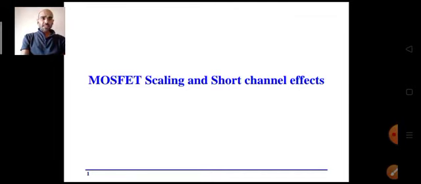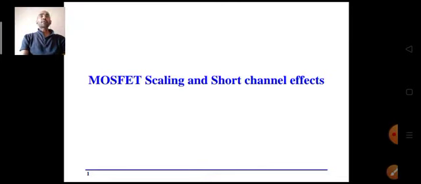Whenever we talk about scaling, it is changing of the dimensions, the change related to the dimensions of the MOSFET. Basically, we want to reduce or increase the device dimensions. Whenever we reduce or increase the device dimension, we call it scaling of the MOSFET, or scaling of any device.